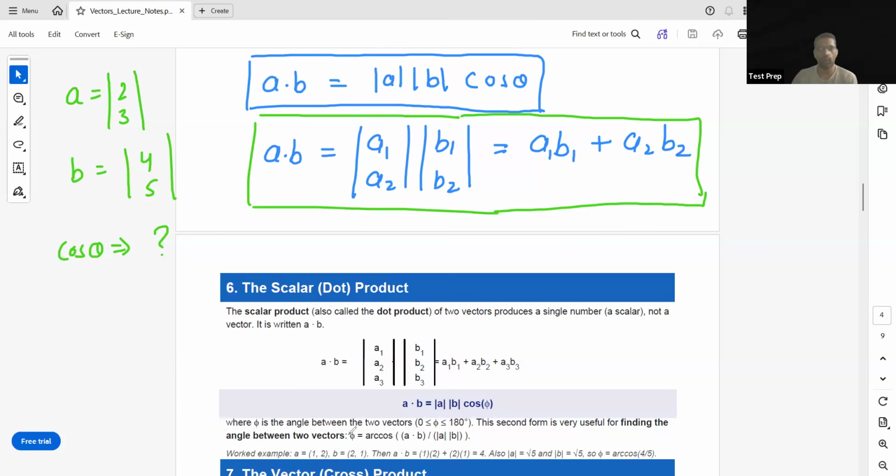Everyone knows how to find the magnitude, and everyone knows the product. The formula is given, the numbers are also given, and you have to find the value of cos theta.